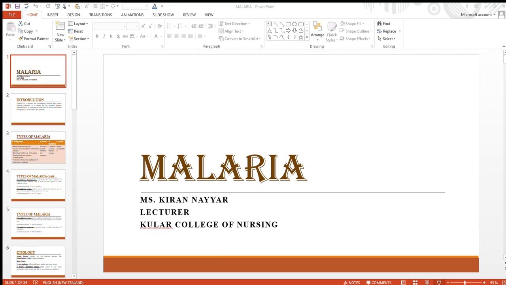Etiology: agent factor, caused by four distinct species, but Plasmodium vivax is more common. Host factor: it affects all ages, and males are more prone. Socio-economic status: more cases occur in low socio-economic groups and due to poor housing conditions.